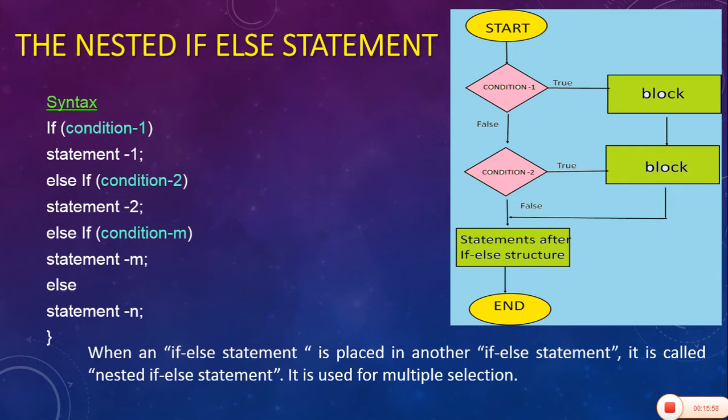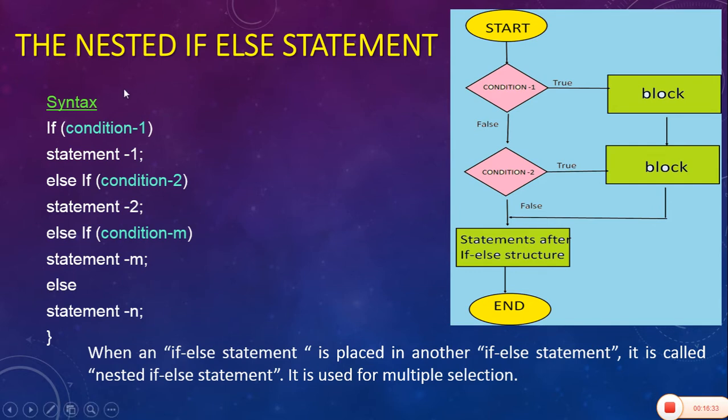It will next move to the statements beneath, and all these statements will be executed one by one. And if condition number 1 is false, then the control will be shifted towards its else and statement number n will be executed.